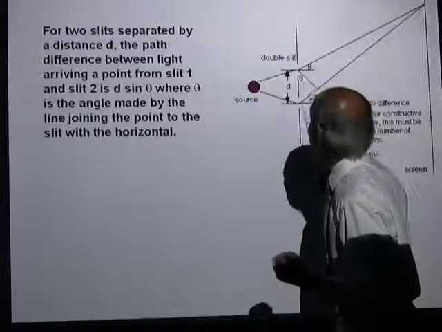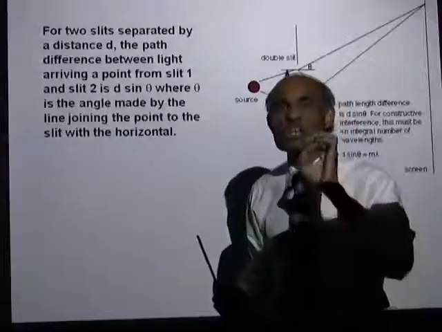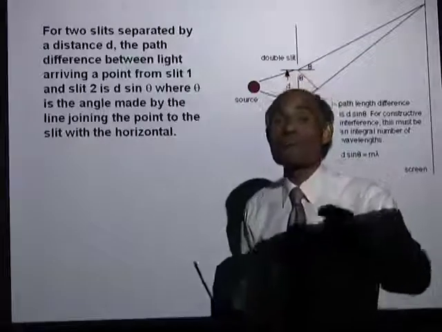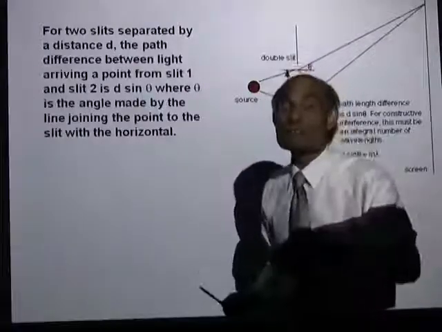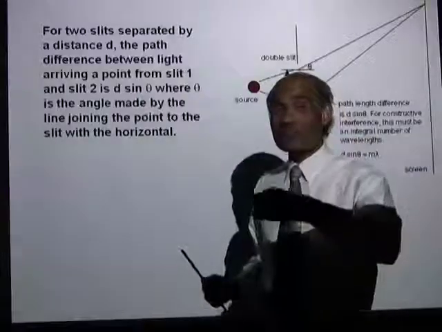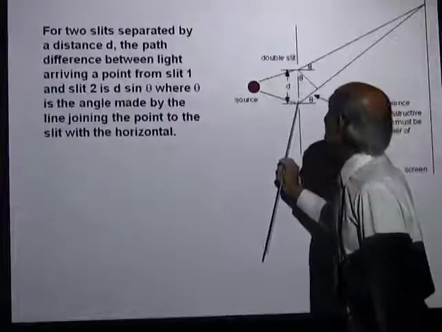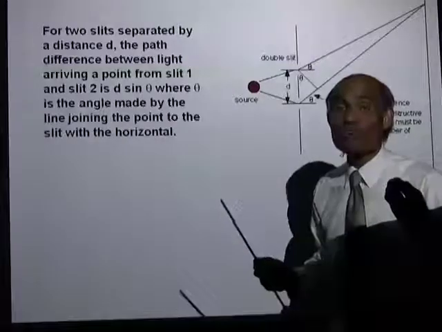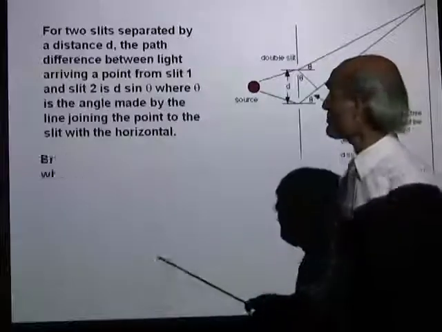On the other hand, if this path difference is an odd integer multiple of half a wavelength, 3 halves of a wavelength, 5/2 of a wavelength, then the two waves will be meeting out of phase. That means there will be dark, light, and so on.